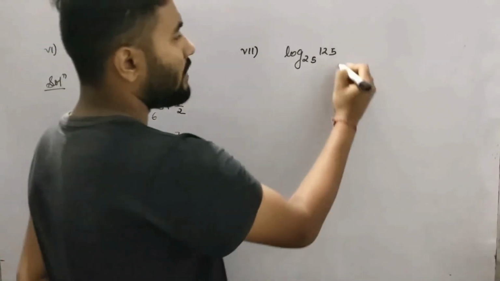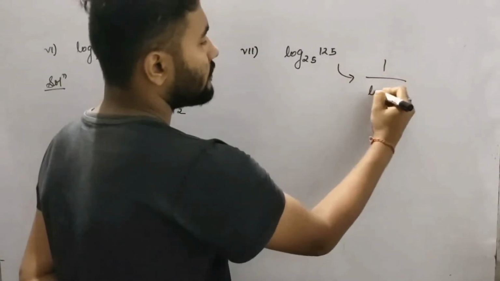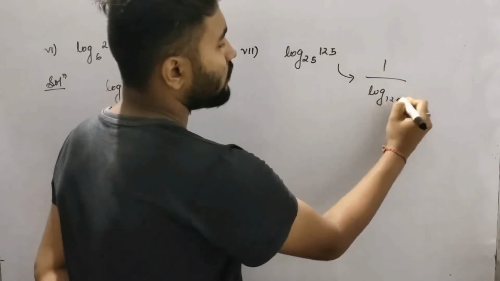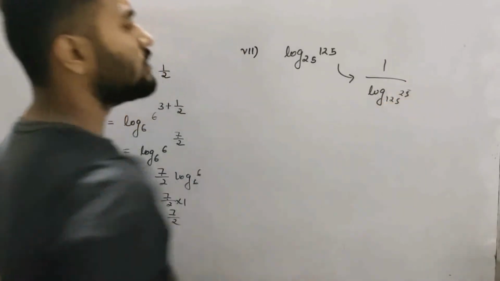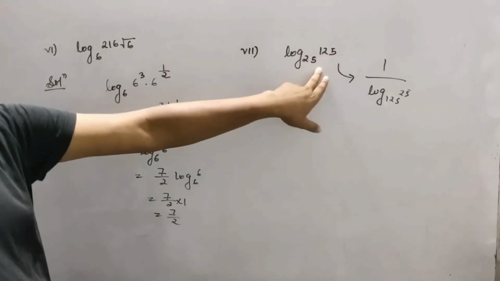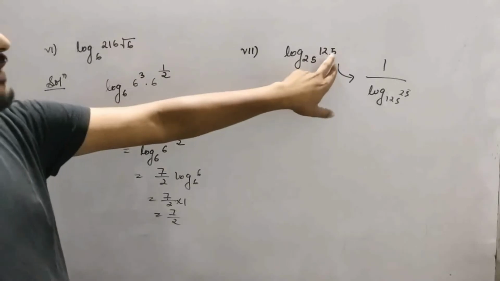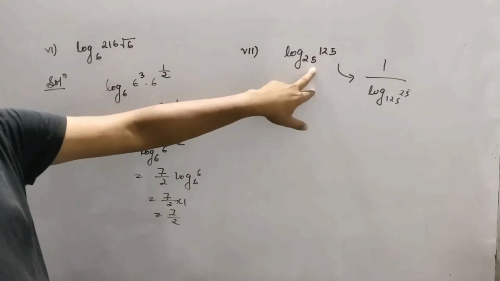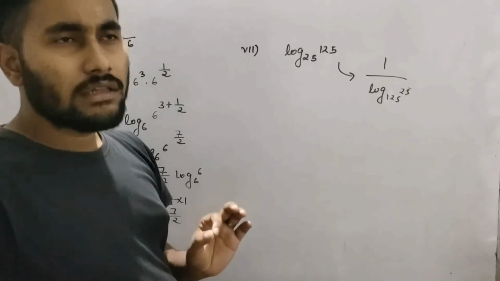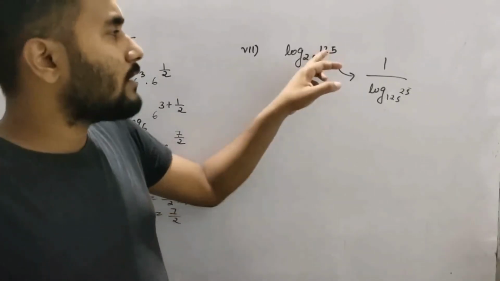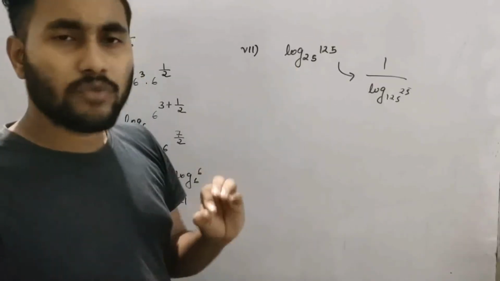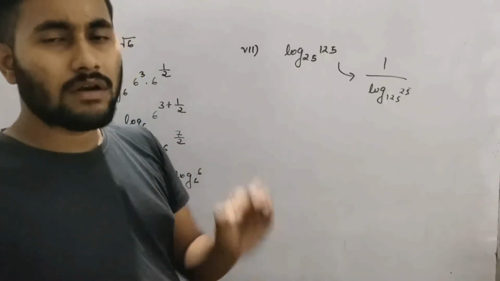If I write 125 over here and 25 over here, the problem is also not solved. Can you express 125 in terms of 25? No. So what is the common link? I can express 125 as 5 cube, and I can express 25 also in terms of 5, that is 5 squared.